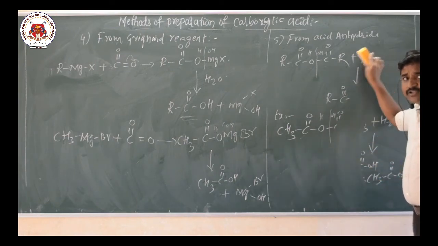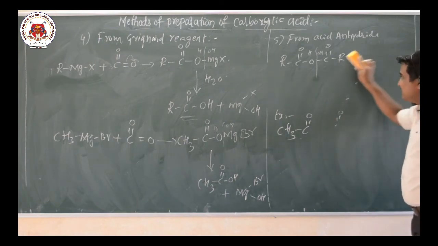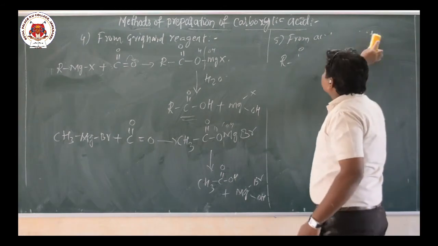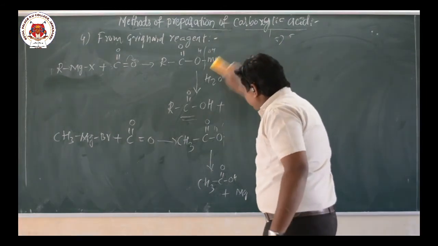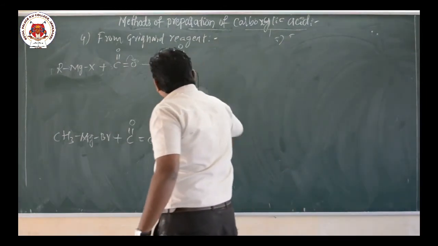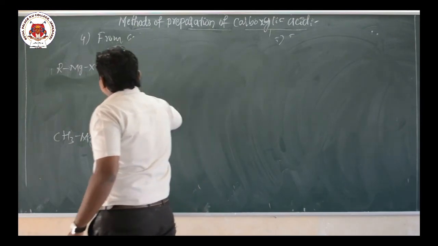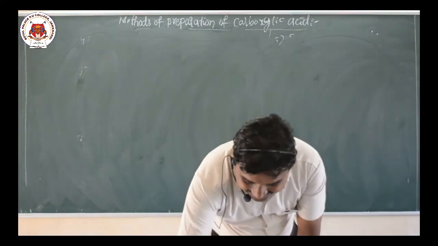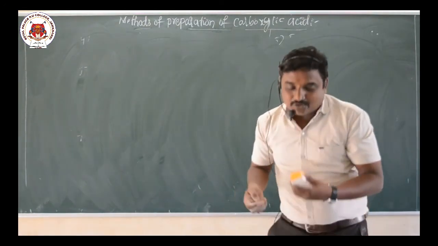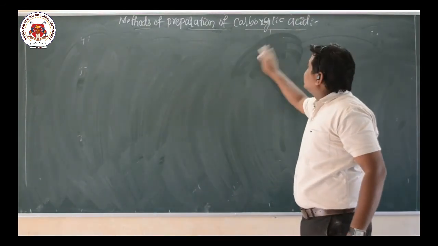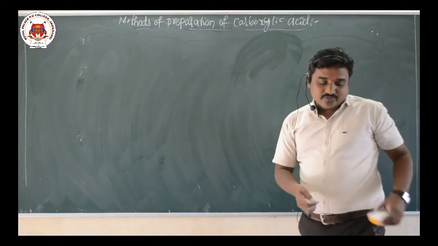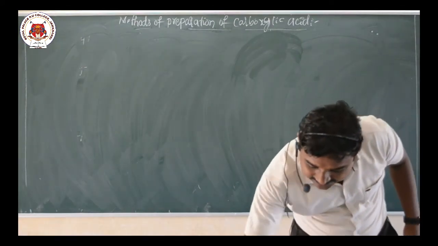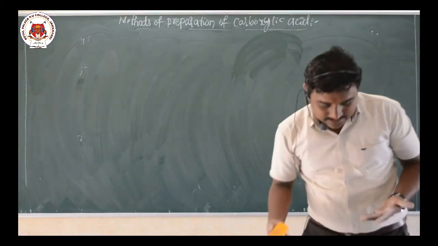Okay, so next, the sixth method, that is preparation from the esters. Esters undergo hydrolysis. I will write the general formula: esters which undergo hydrolysis give the corresponding acid and alcohol.